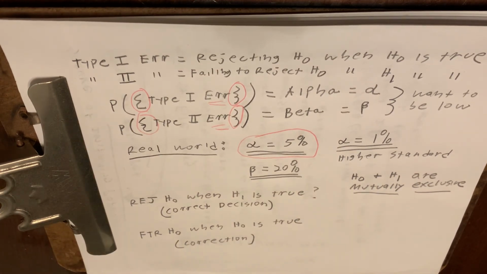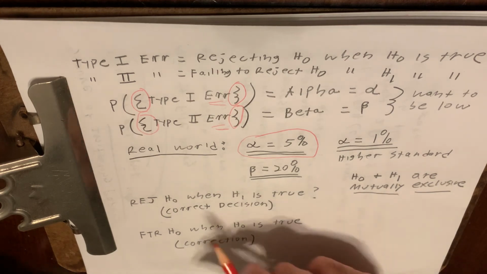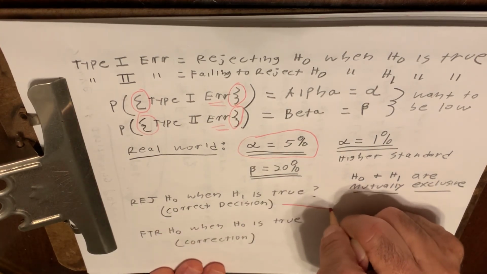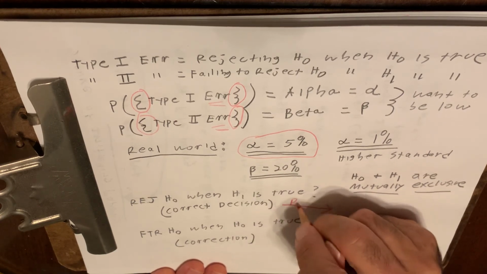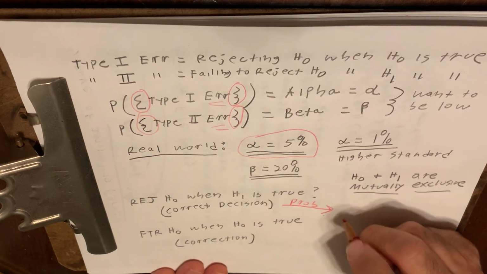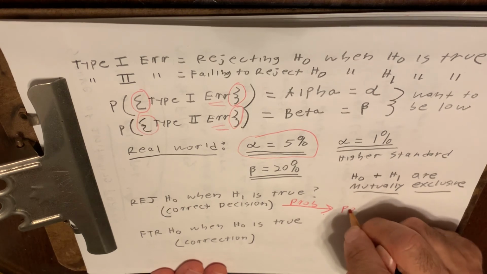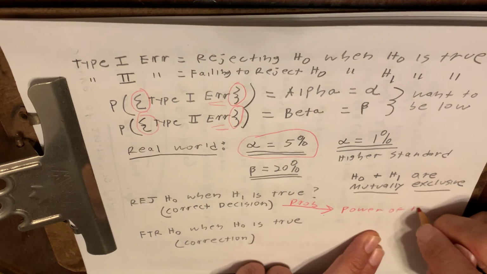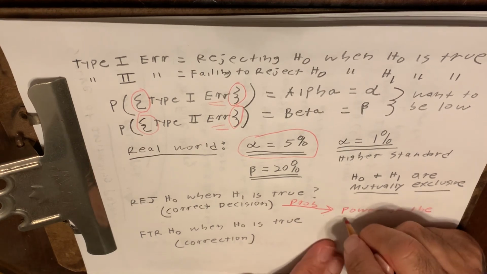And, surprise, surprise, in college-level statistics, these have terms. So the probability of this correct decision here, rejecting the null when the alternative is true, is called the power of the statistical test.